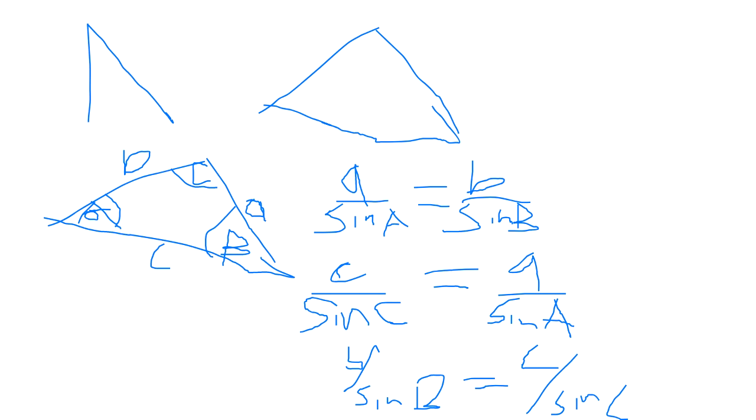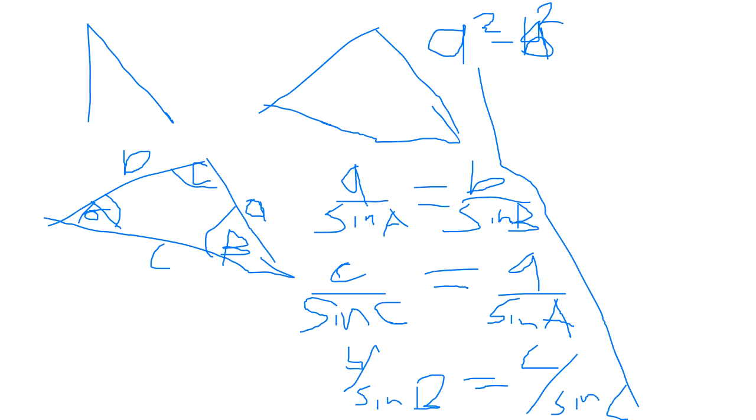Okay, good. Then the cosine rule says that if you take any one side, let us say a squared, it can be the same as b squared plus c squared minus 2.